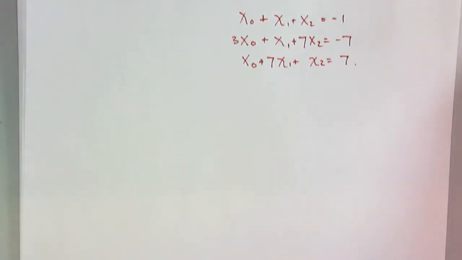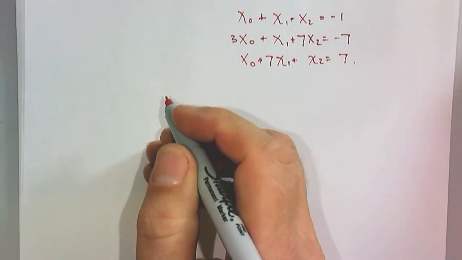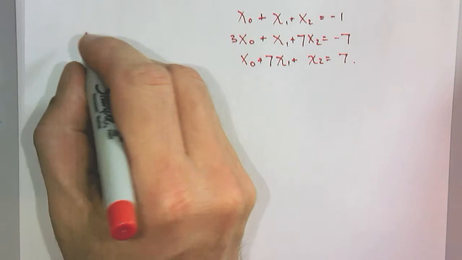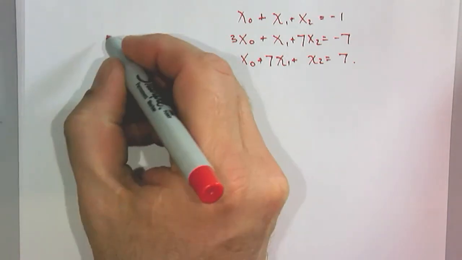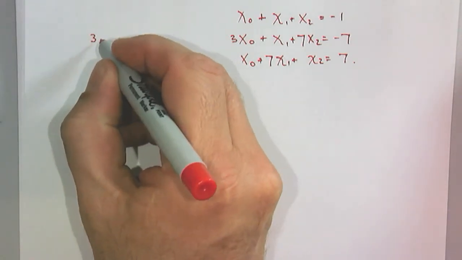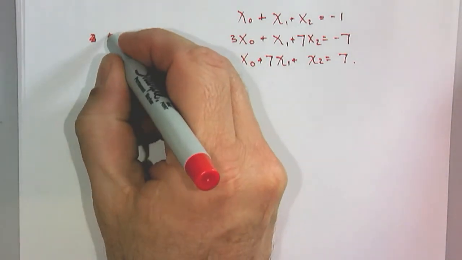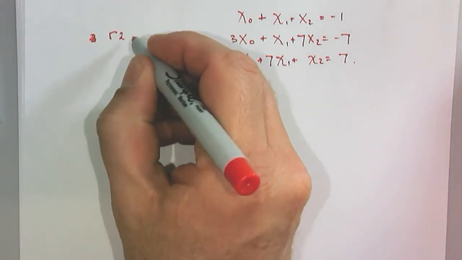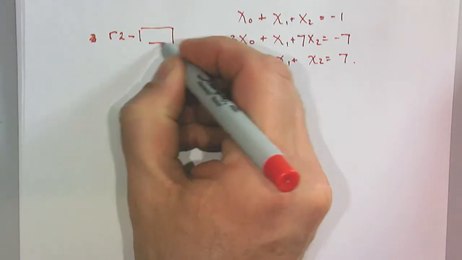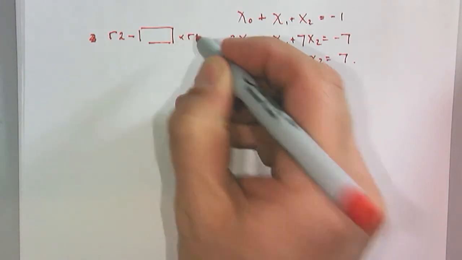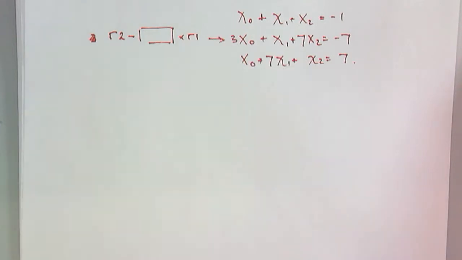Okay. So we have 3 equations and 3 unknowns. And now when we do Gaussian elimination, we'll say take row 2 minus something times row 1 to update this equation.